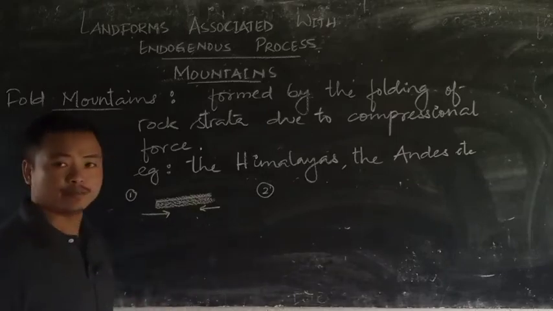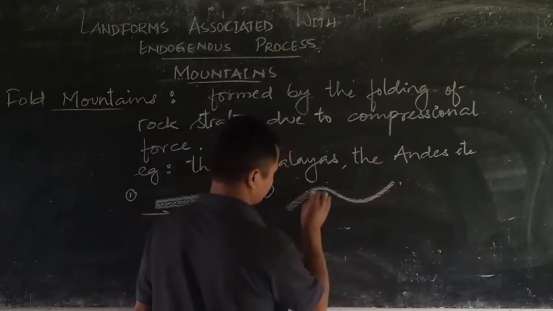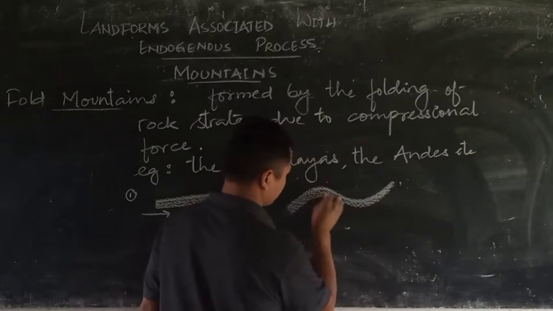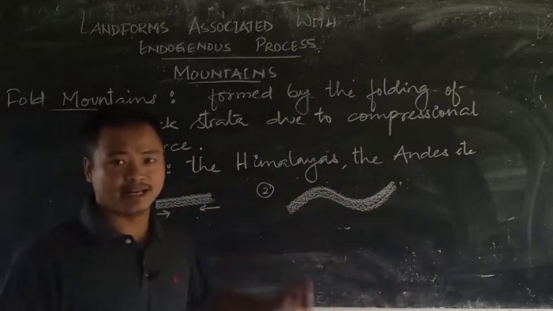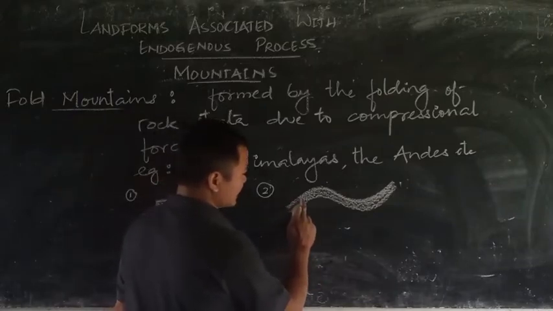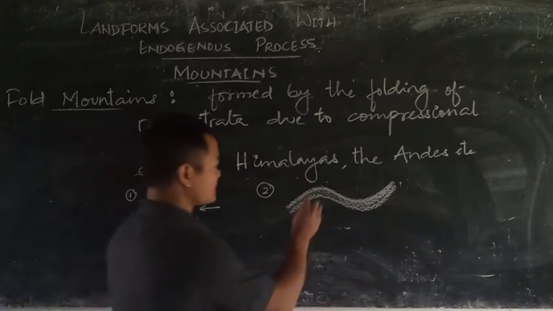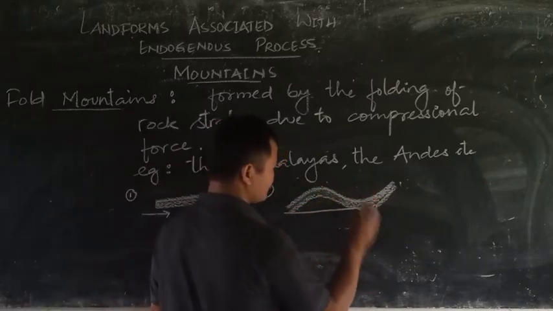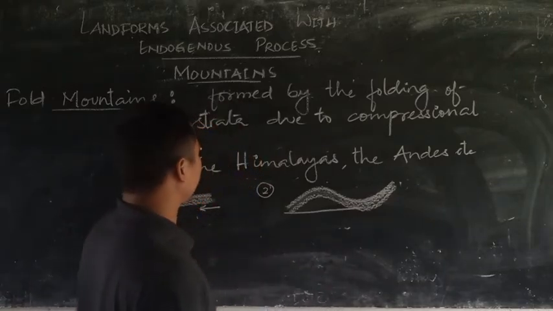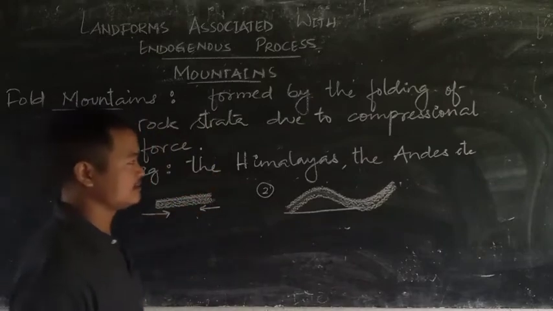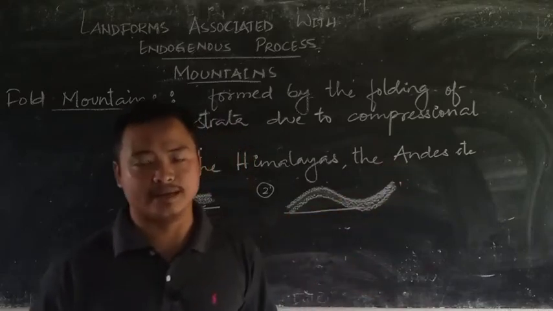With the application of this compressional force, the horizontal layer of this rock crust starts bending, and this bending results in an upliftment of the earth's crust, and this uplifted part later comes to be called the fold mountains. A very good example that we can discuss is the Himalayas, which is in Asia, the Andes and the Rockies, which are in America.